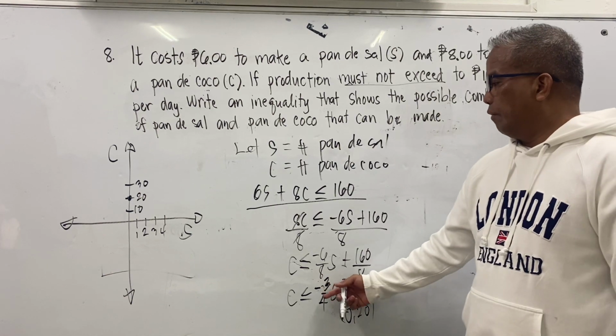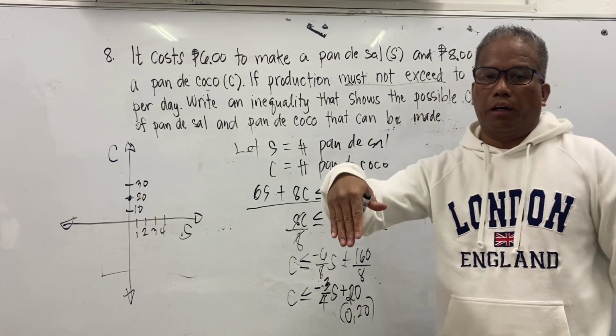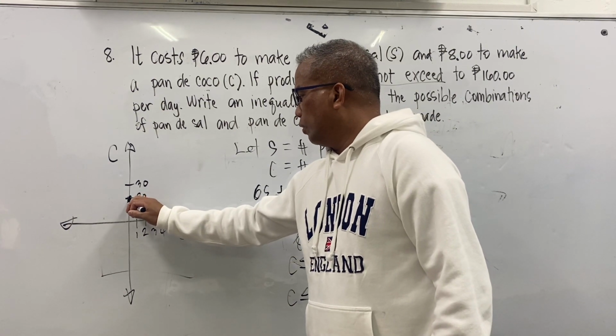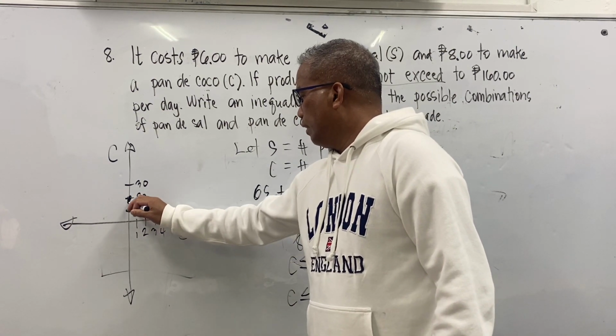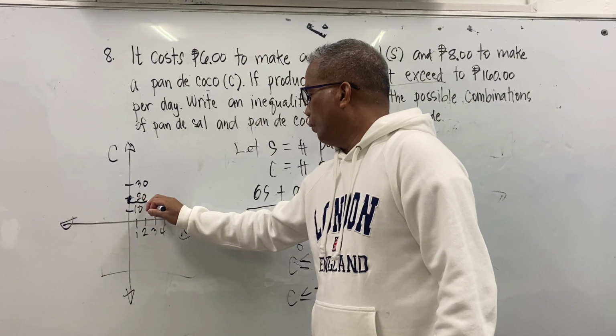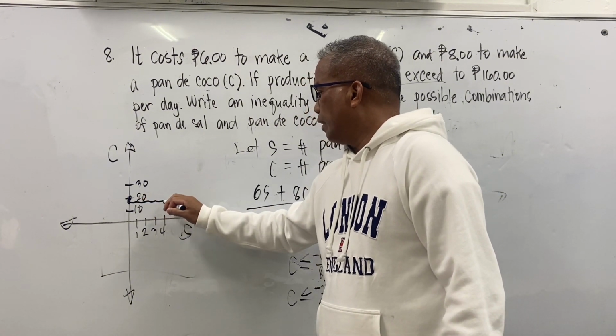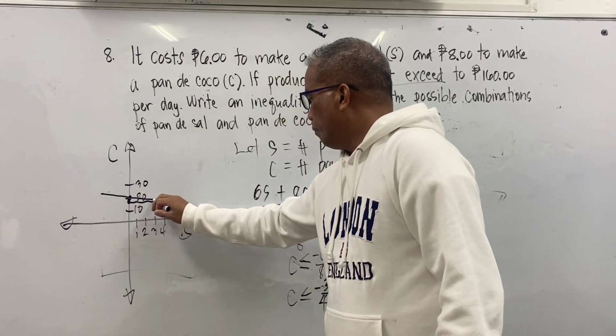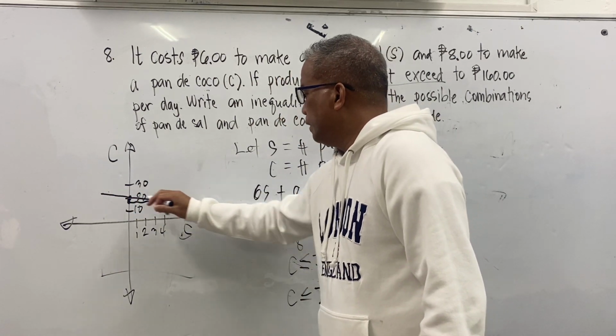Then negative 3 over 4, since negative 3 units downward, then 4 units to the right. So approximately here, 1, 2, 3. Then 4 units to the right, 1, 2, 3, 4. So here. Then connecting the points, it will be a solid line.